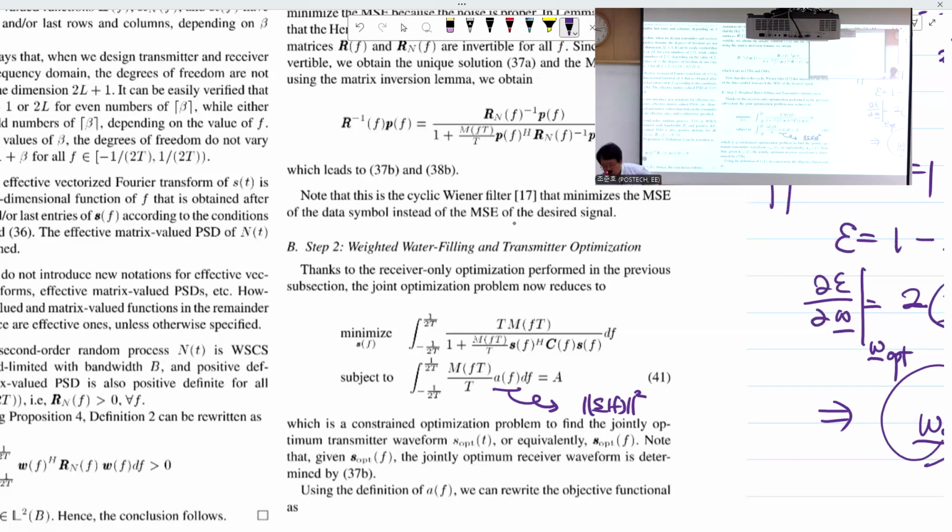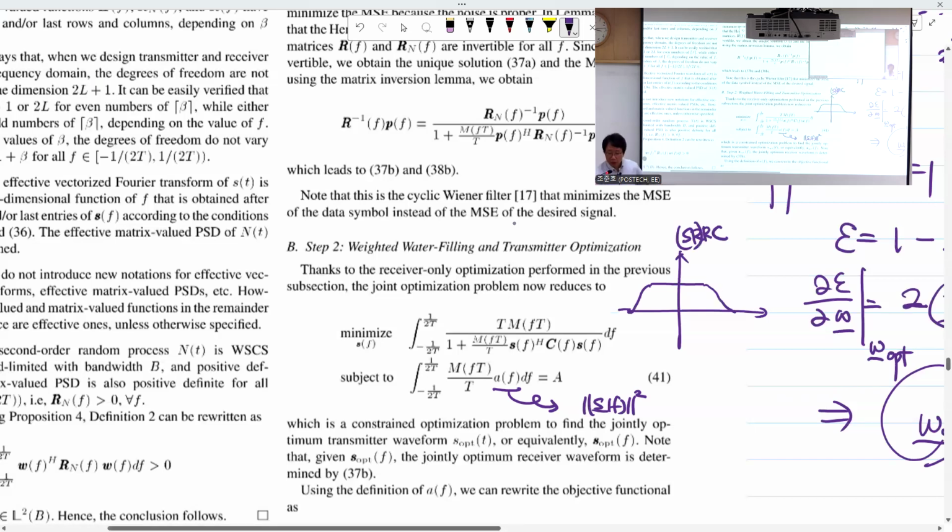So be careful. Let me just give you an idea using SRRC or RC if you want, raised cosine pulse. And in the raised cosine pulse, we have symbol time capital T, and usually our so-called roll-off factor is related to the bandwidth.